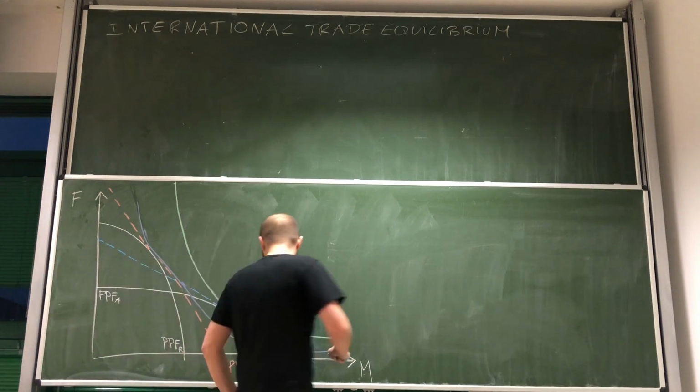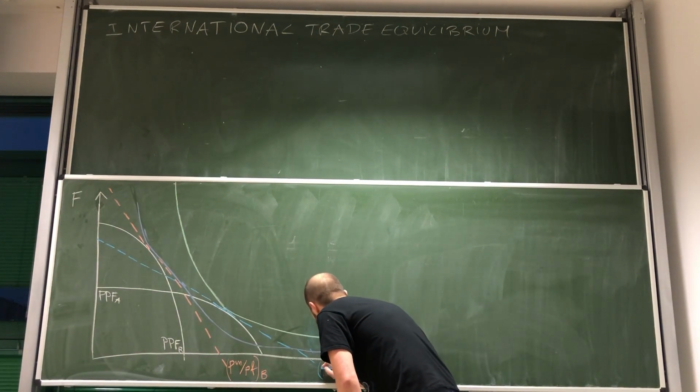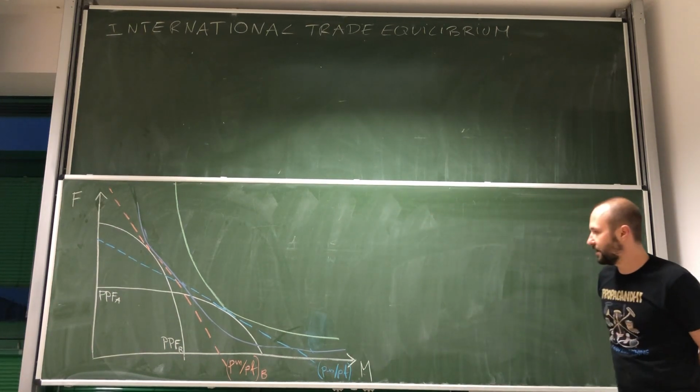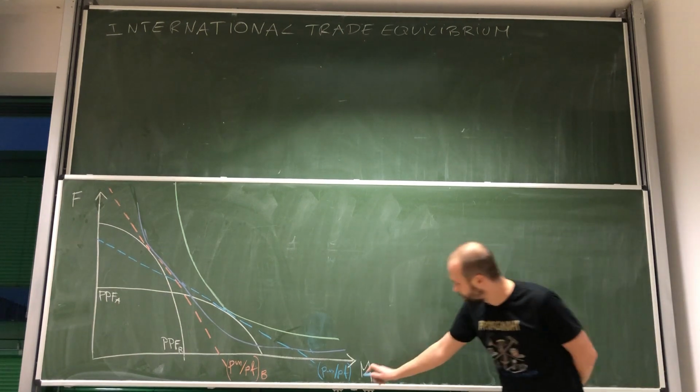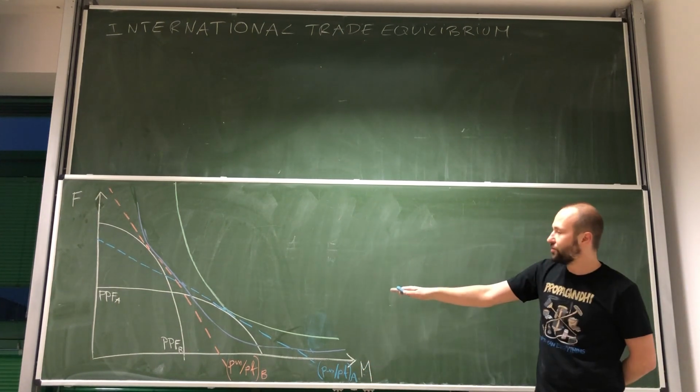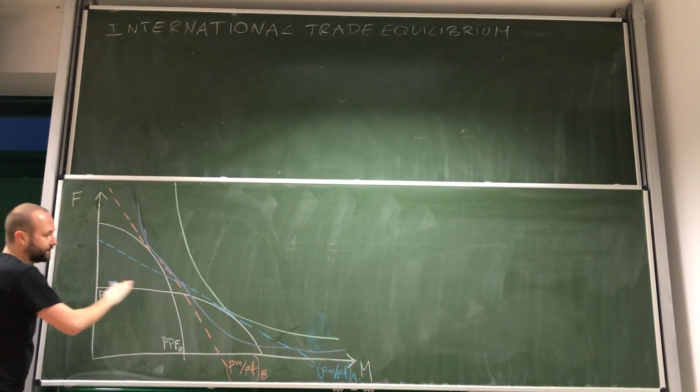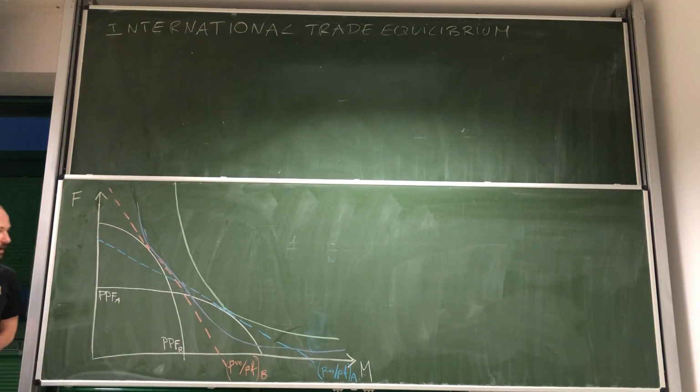This is the ratio of the two prices in Bolivia, and of course we will have a different price ratio in Austria, right? And based on those, we are able to establish at which point those two countries will produce.